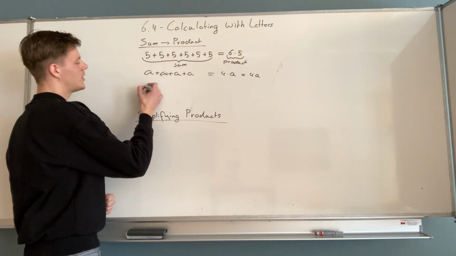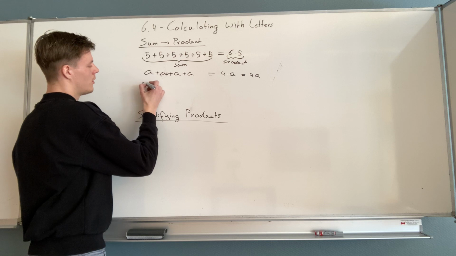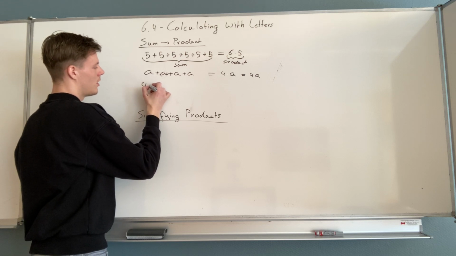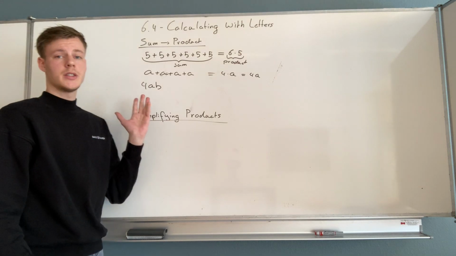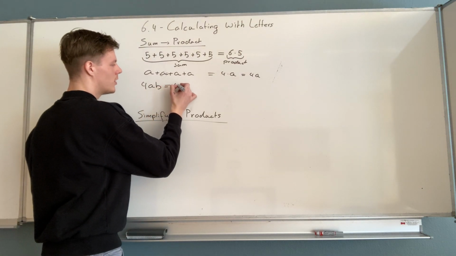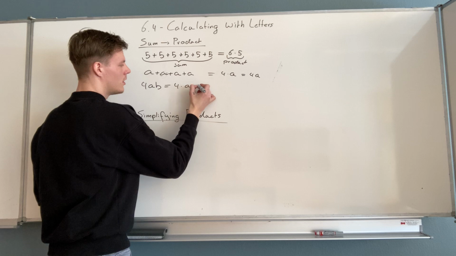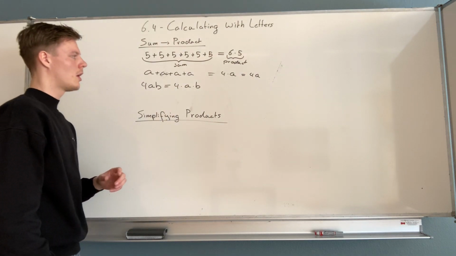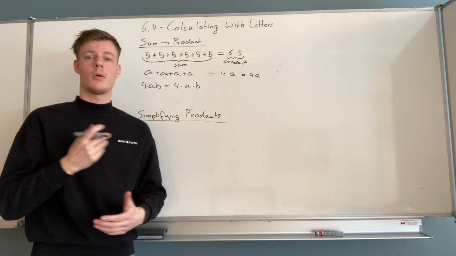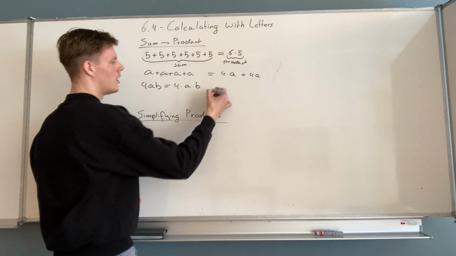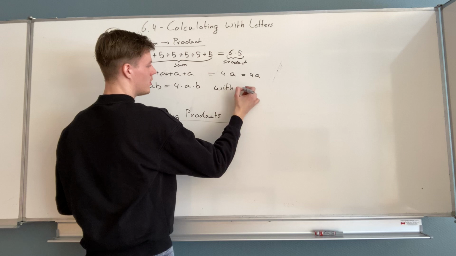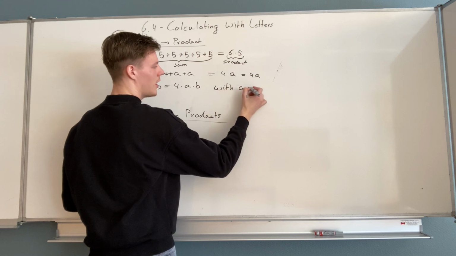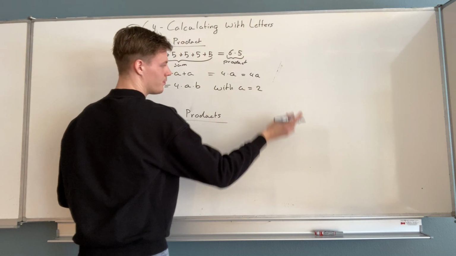So let's see, we have 4 times A times B. This means that we have 4 times A times B. And let's say we know one letter. So we can say that A is 2.